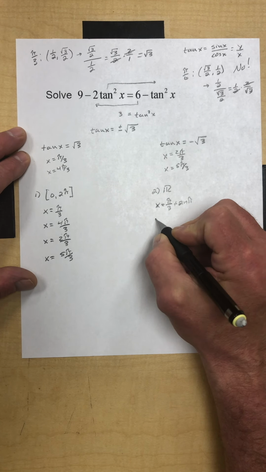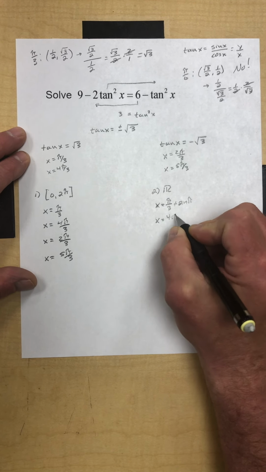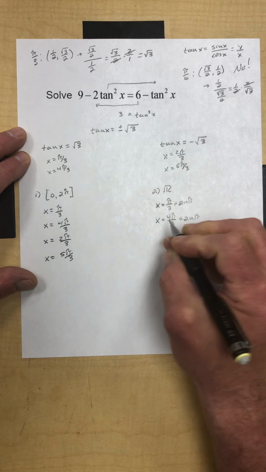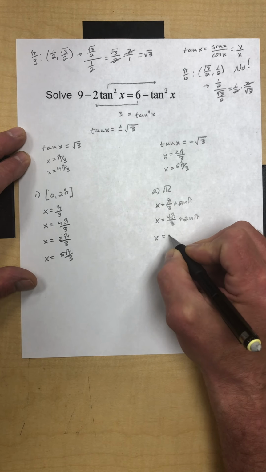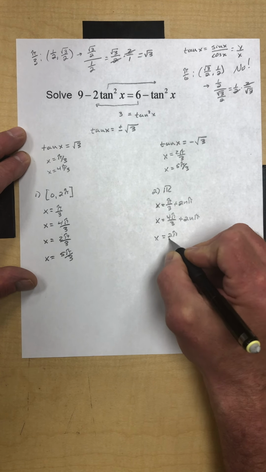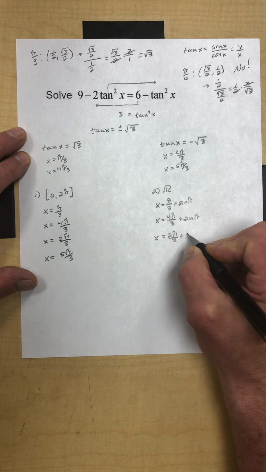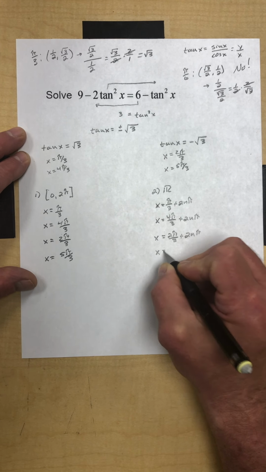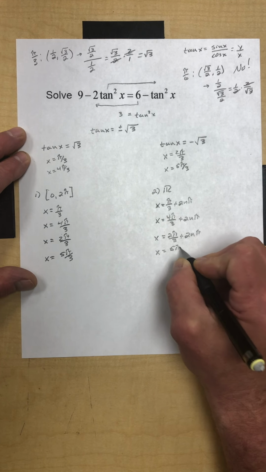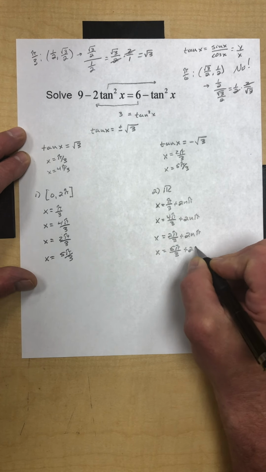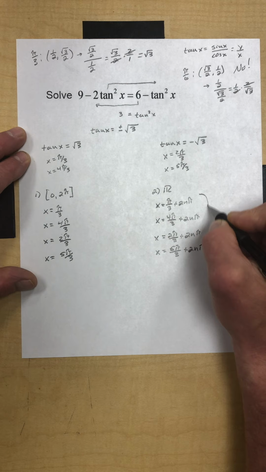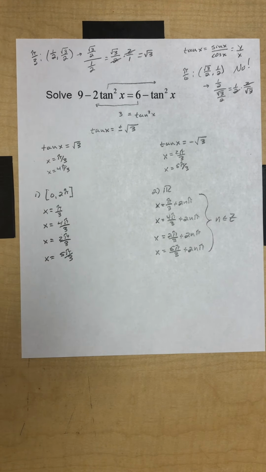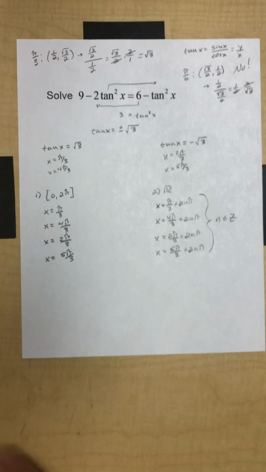I could say x equals 4 pi over 3 plus 2n pi, x equals 2 pi over 3 plus 2n pi, and x equals 5 pi over 3 plus 2n pi, where obviously n is an integer. And that's certainly one way to do it.